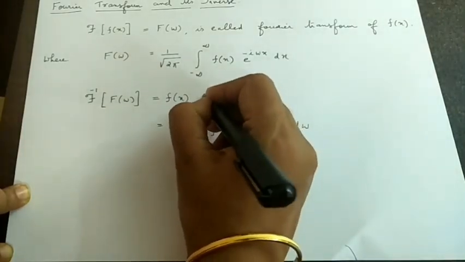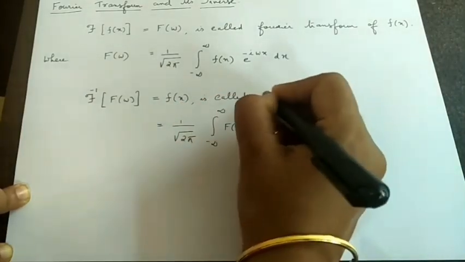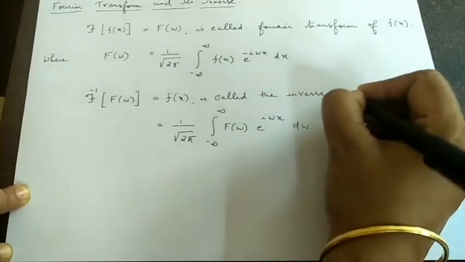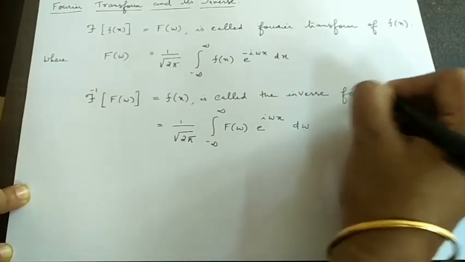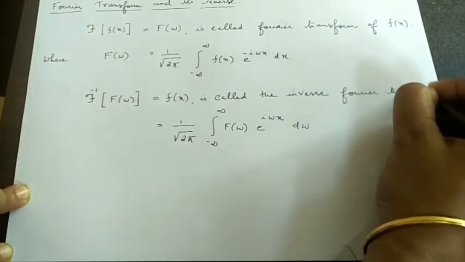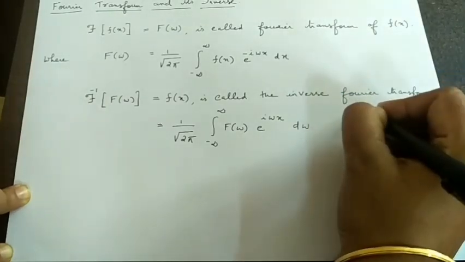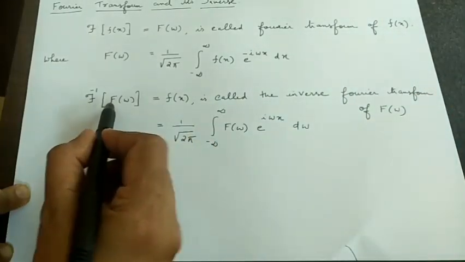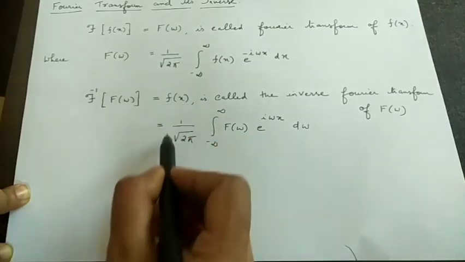I can write here, it's called the inverse Fourier transform of caps F omega. You have to note here it is caps letter, here it is small letter. It is equal to f of x.